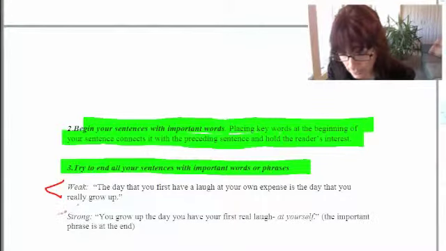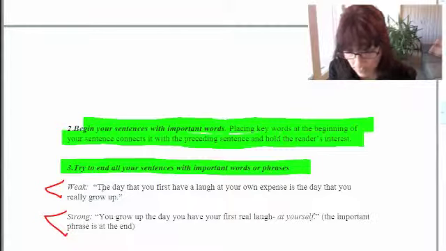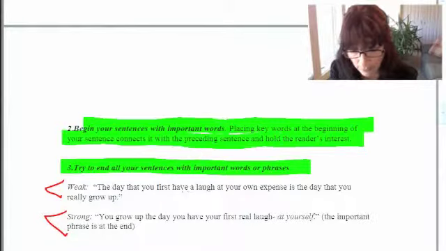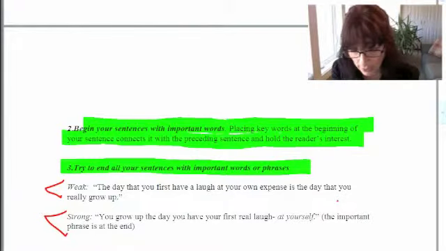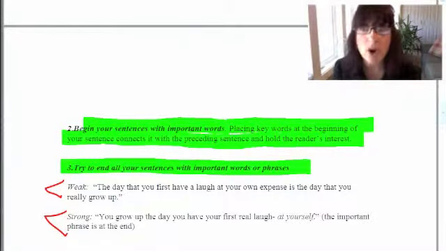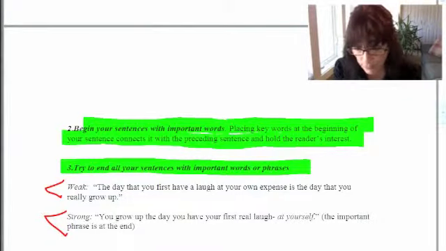I've given you a couple of examples here. Here's a weak sentence, and this is a strong one. This one's weak: The day that you first have a laugh at your own expense is the day that you really grow up. Now take a look at the strong one. It's the same idea, but you're restructuring and rephrasing it: You grow up the day you have your first real laugh at yourself.